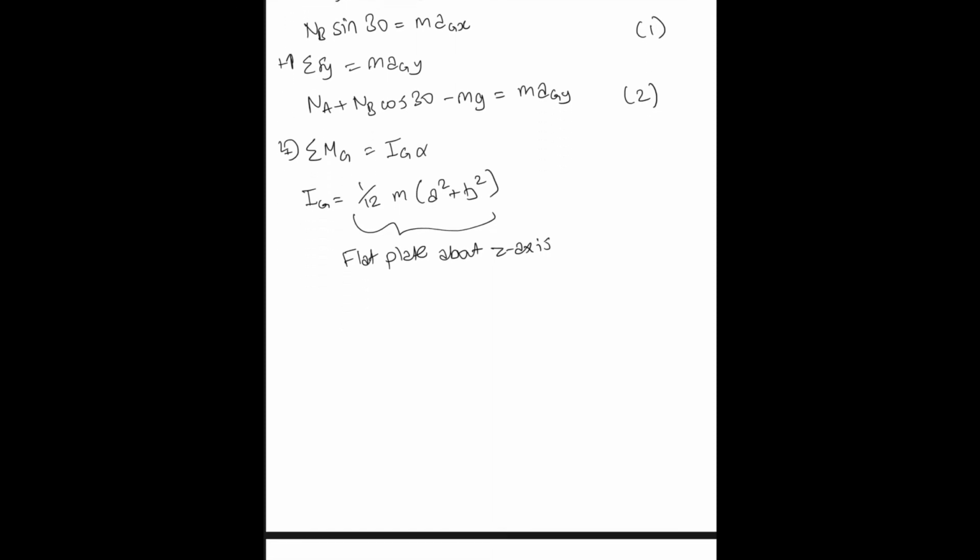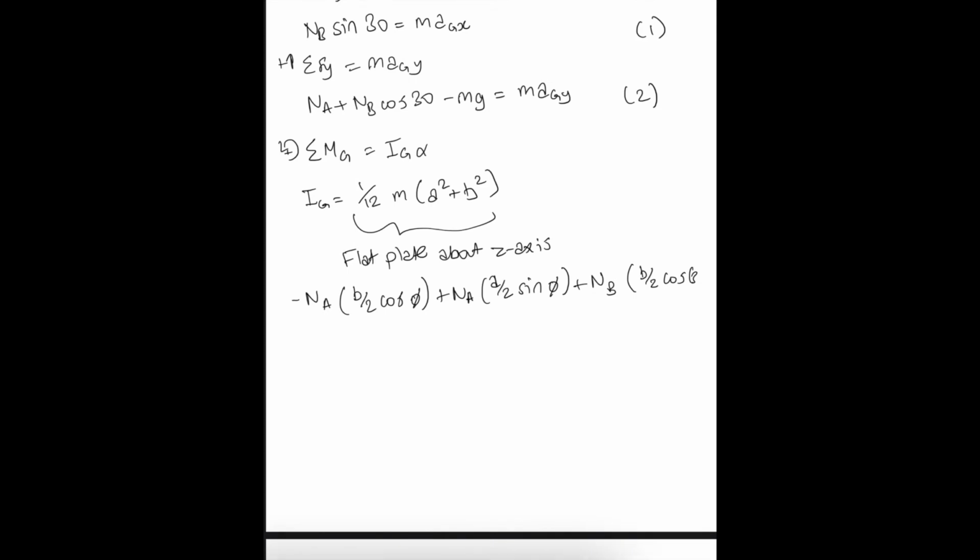Now we can finally plug into our sum of moments equation, so minus NA multiplied by b over 2 cosine phi plus NA multiplied by a over 2 sine phi plus NB multiplied by b over 2 cosine.